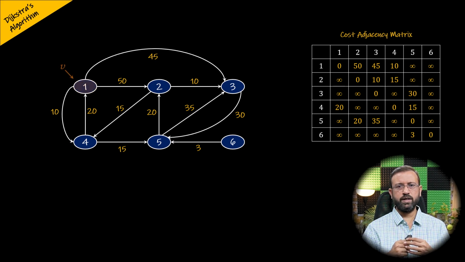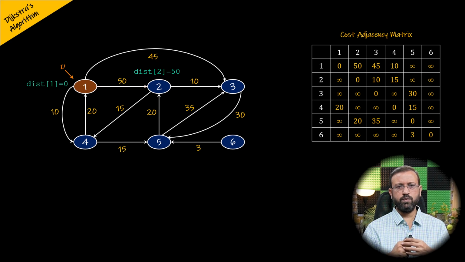Let us consider vertex 1 as the source vertex V, and we will find the shortest path from the source vertex V, that is vertex 1, to all the other vertices of this graph. So initially the distance of vertex 1 to vertex 1 will be 0 since it is the source vertex. Then the distance of vertex 2 will be the cost of the edge from vertex 1 to vertex 2, which is 50.